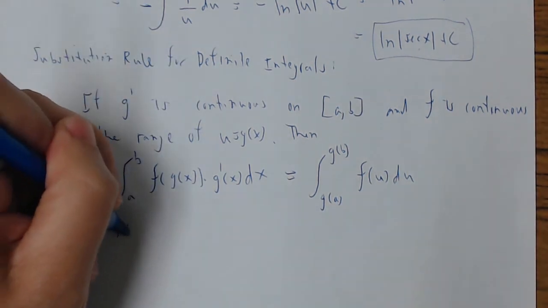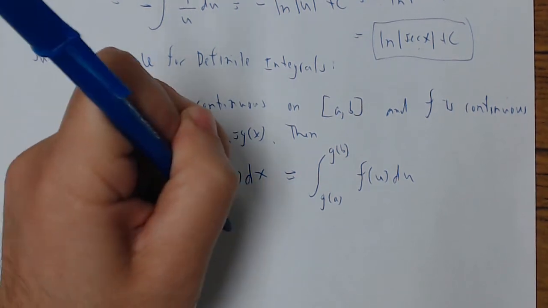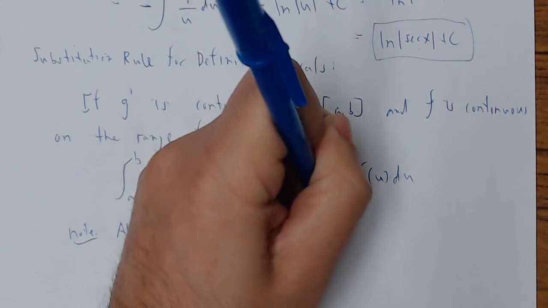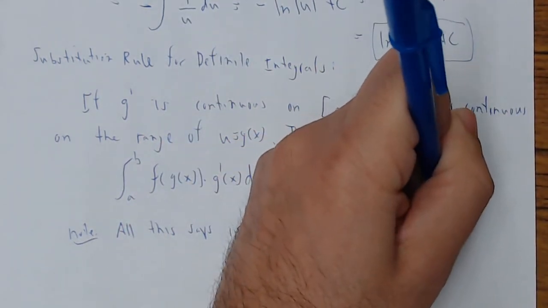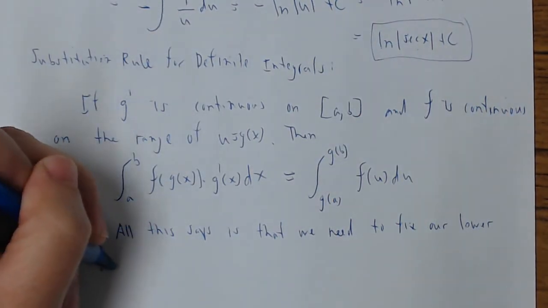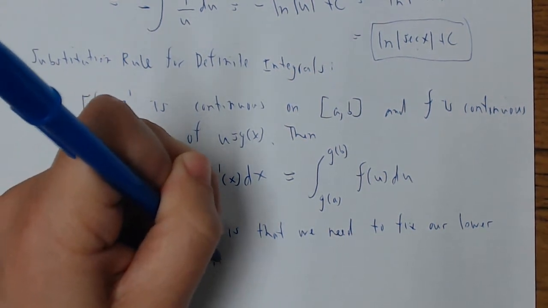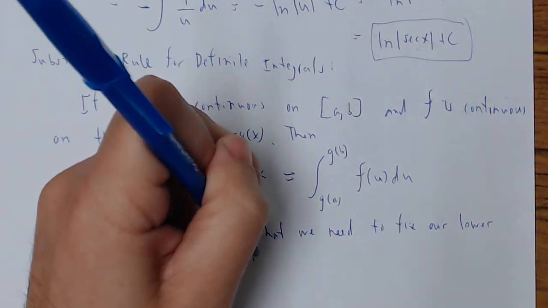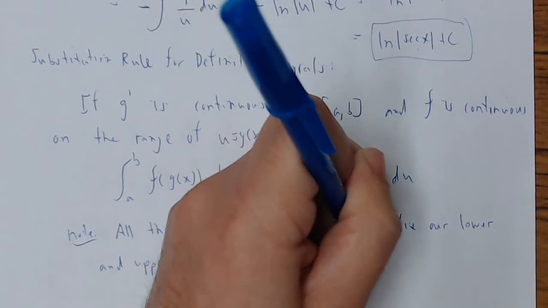So the comment I want to make is that all this says is that we need to fix our lower and upper limits with respect to u.